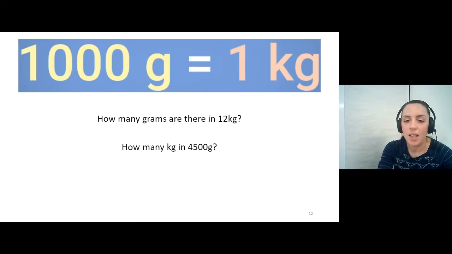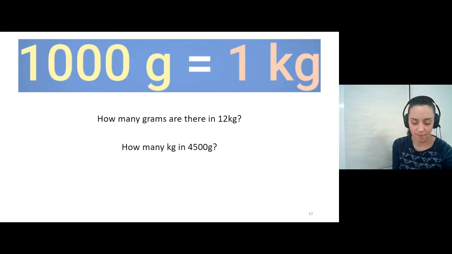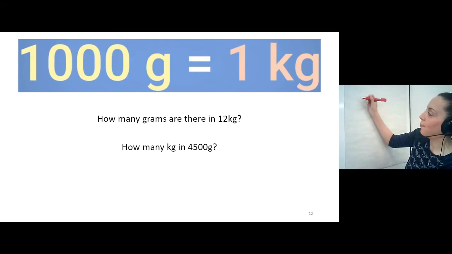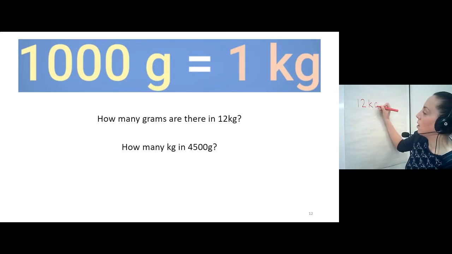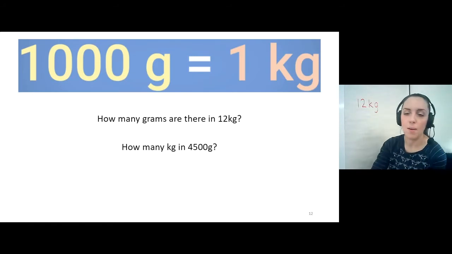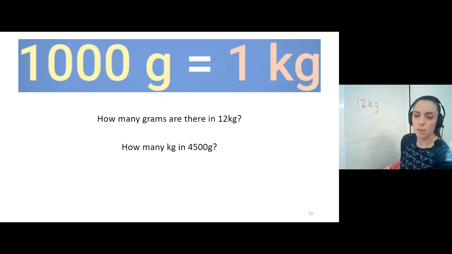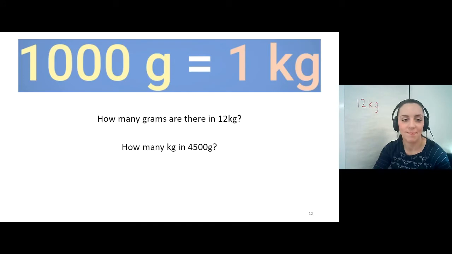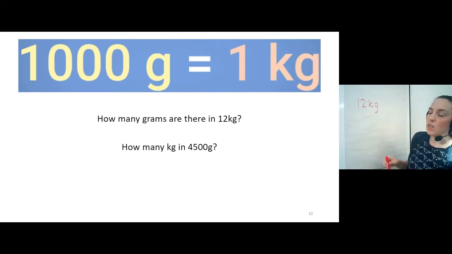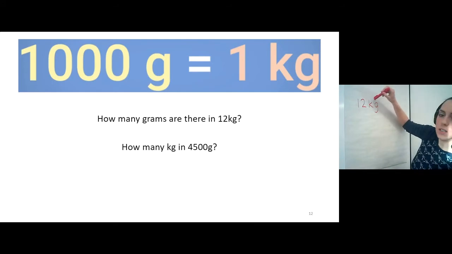How many grams are there in 12 kilograms? Do you write it again? 12 kg. How many grams are there in 12 kilograms? 12,000 grams, exactly. Because this means 12,000 grams.